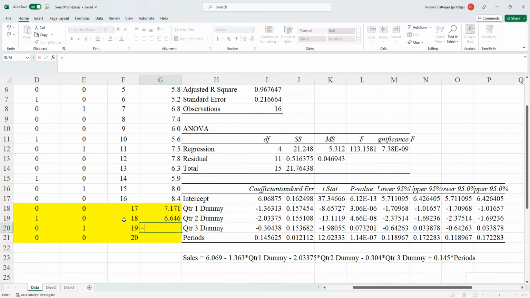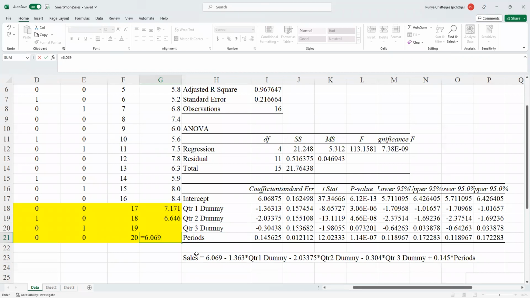Similarly, the next one is 6.069 minus 1.363 multiplied by 0, minus 2.033 multiplied by 0, minus 0.304 multiplied by 1, plus 0.145 multiplied by 19.